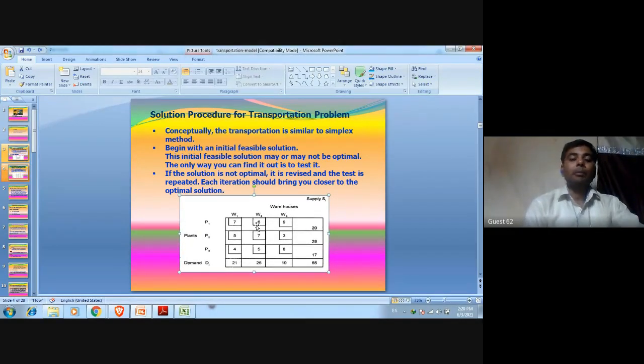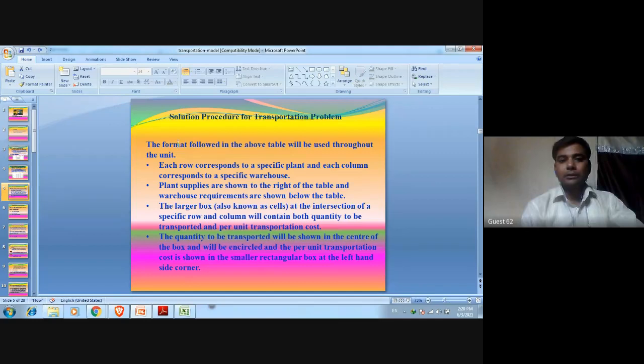These are the per unit costs of the transportation, and these unit costs will be used to find our initial basic feasible solution. So how will it be solved? Look at this: solution procedure for transportation problem. The format followed in the above table will be used throughout the unit. Each row corresponds to a specific plant and each column corresponds to a specific warehouse.